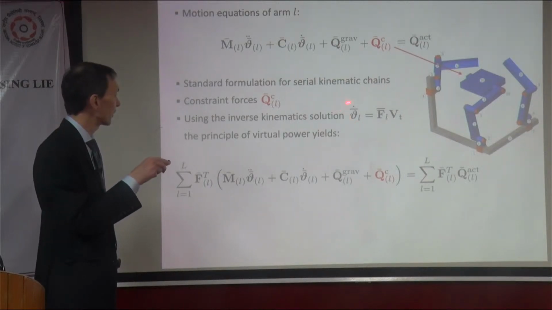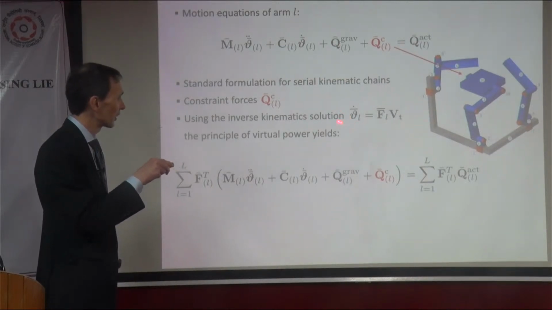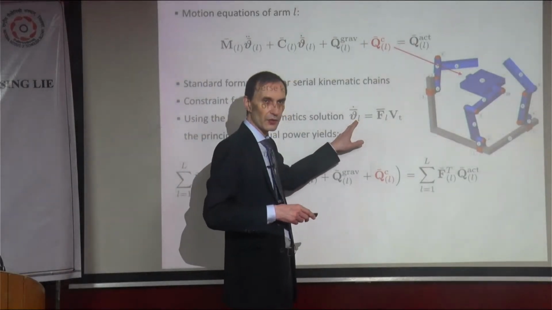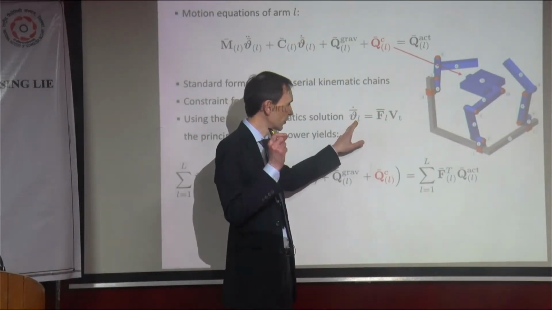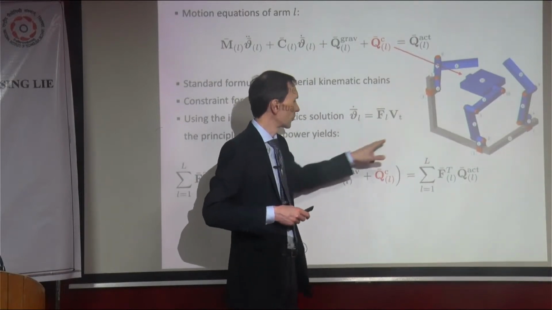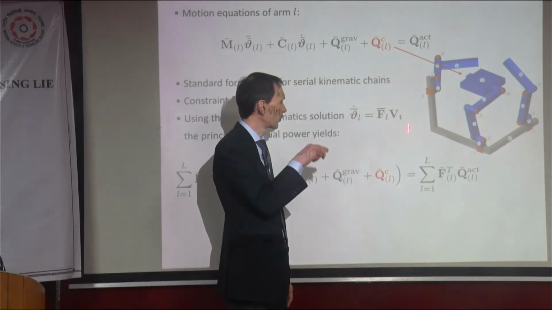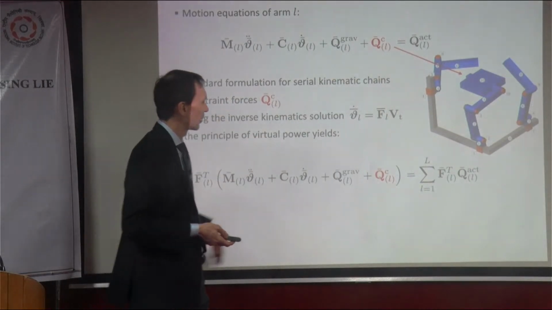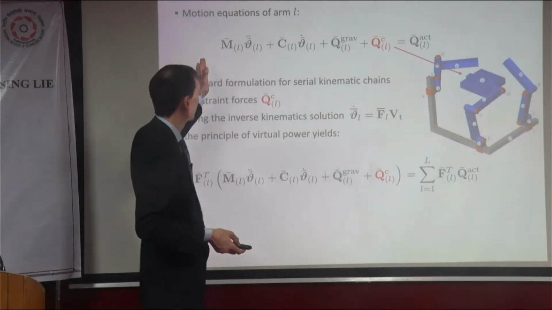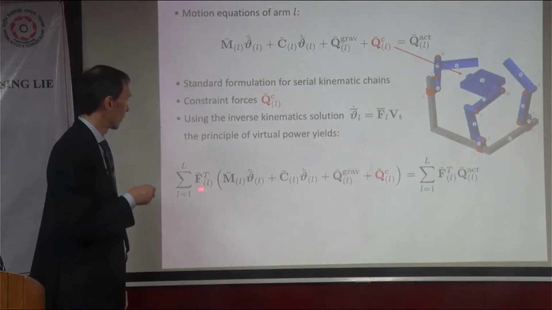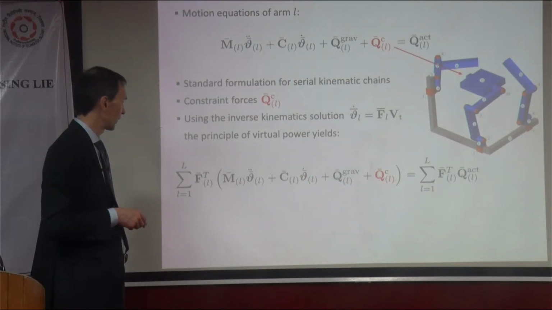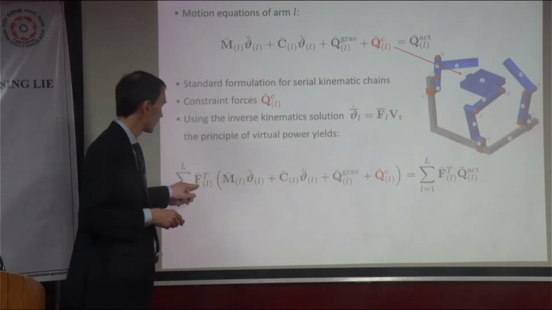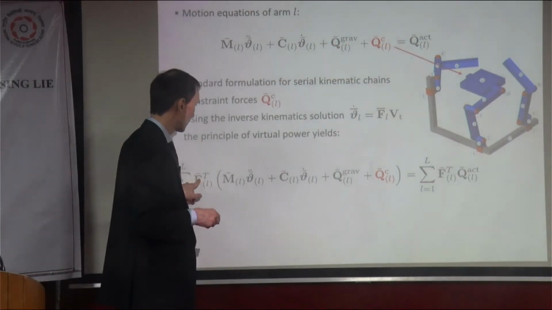This is the key again: I say that the possible, admissible velocities of the assembled system, that's the important thing, of the assembled system, as we said before, are given in terms of the task space velocity times this matrix. The only thing I have to do is take the variation and multiply this from the left with F transposed.